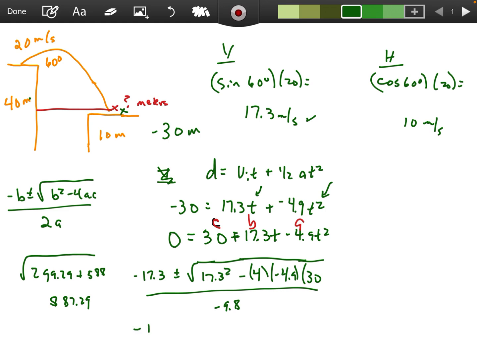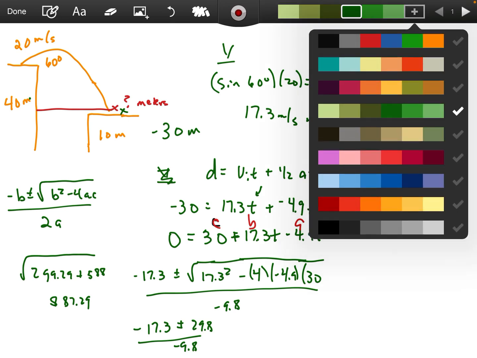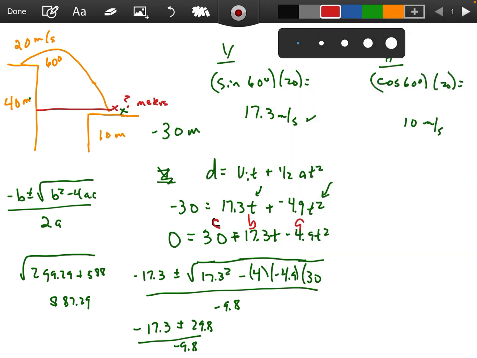So you're going to have negative 17.3 plus or minus 29.8 over negative 9.8. Now at this point, you may want to realize that if you did the plus thing, you're going to get 2 answers, and one of them is going to be correct and the other one's not. If you did the plus thing, negative 17.3 plus 29.8, it's going to give you a positive answer divided by negative 9.8.